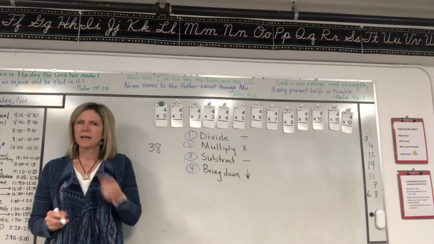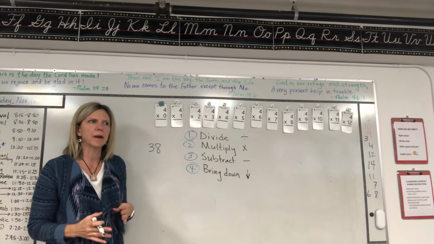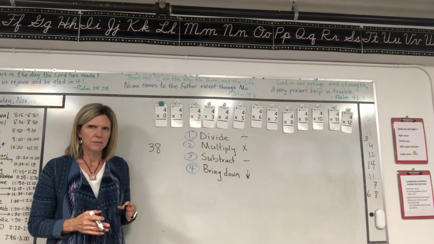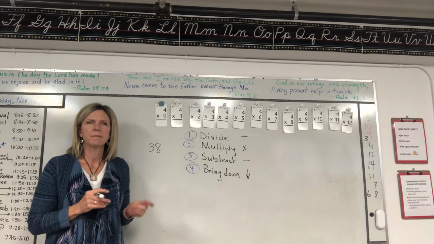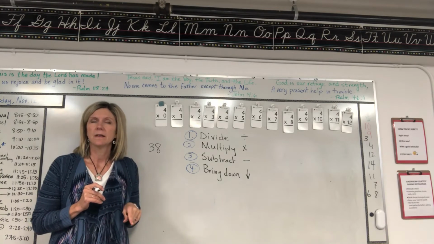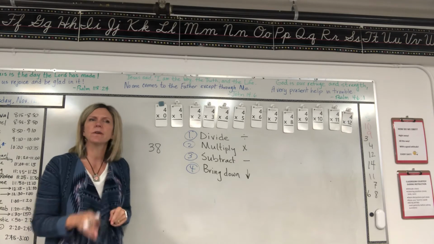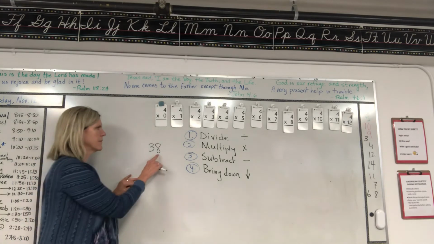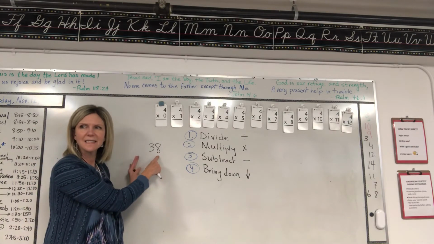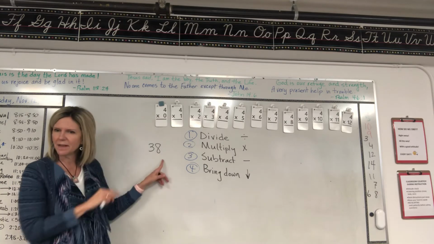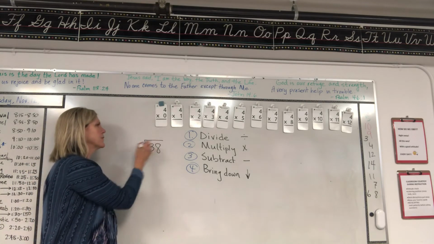First of all, somebody tell me if 38 is an odd or even number, and how do you know? Juliana, nice and loud. 38 is an even number. How do you know that? Because the last digit of the number is an even number. Okay, now we're going to divide 38 by 2.